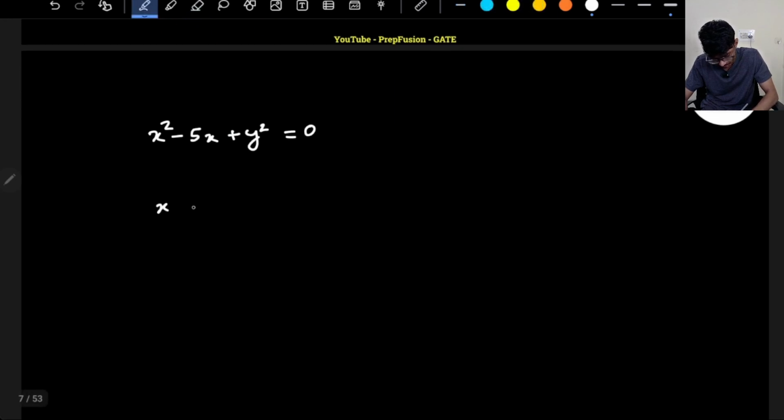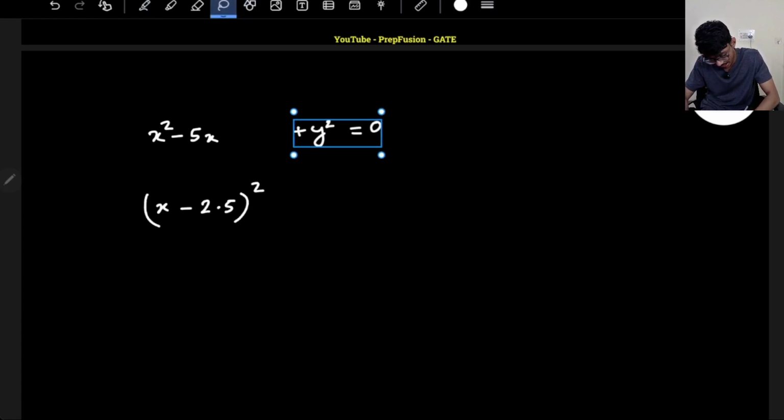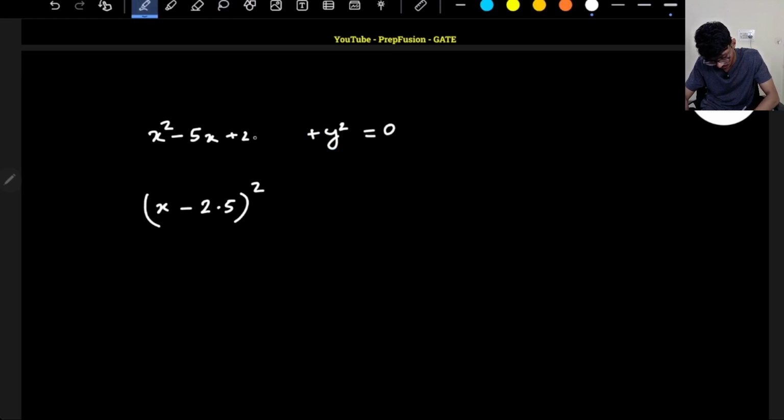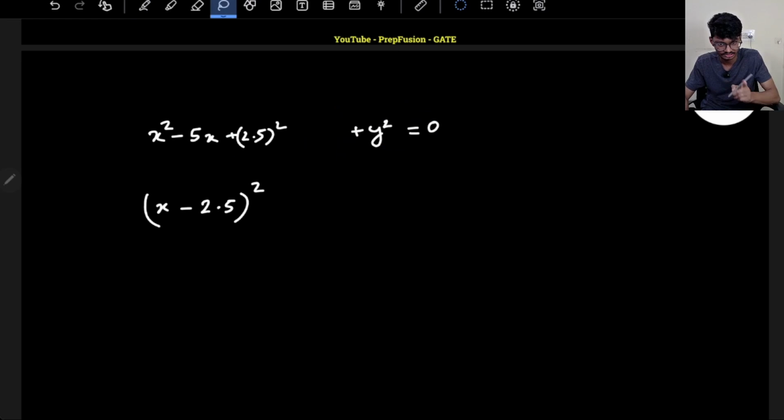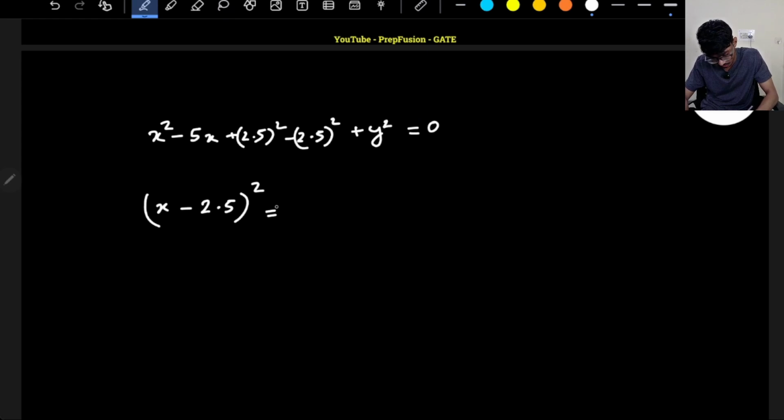Then I can break it down: this will be x minus 2.5 whole square. What I can do is add and subtract 2.5 whole square, to get it in the form of x minus a whole square minus 2.5 whole square. So this will come out to be plus y square equals 2.5 whole square.